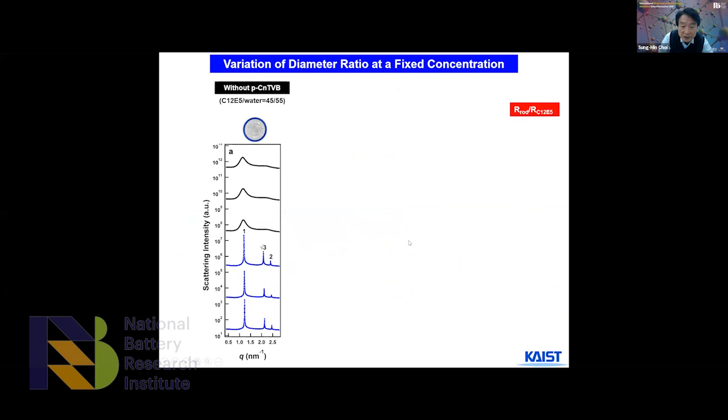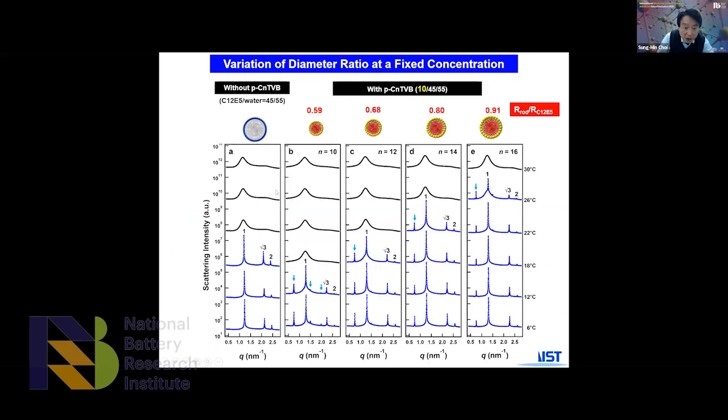We try to see how they change. So this is without the yellow tube. Now by adding yellow tube of different size, here the number is the diameter ratio, the size ratio.